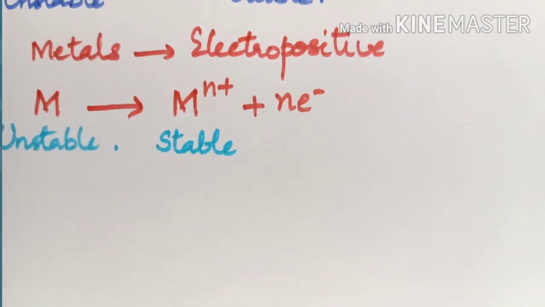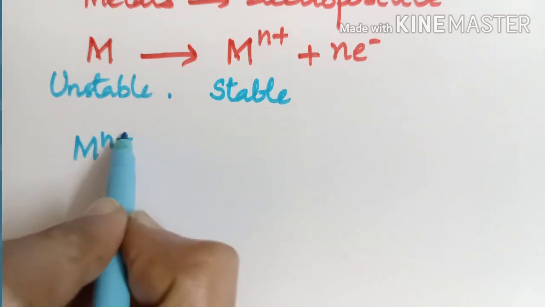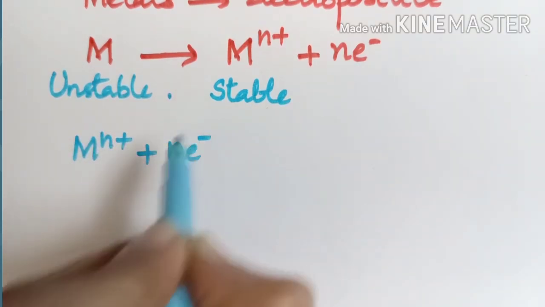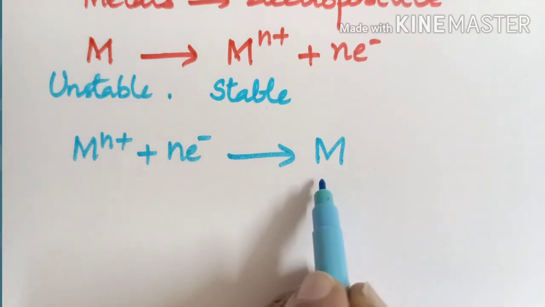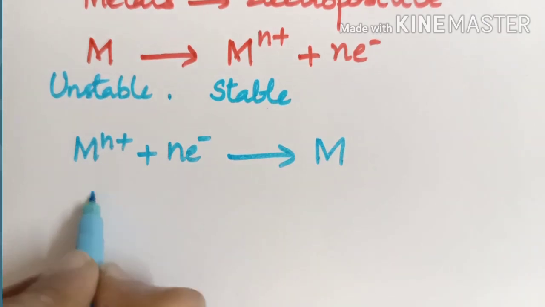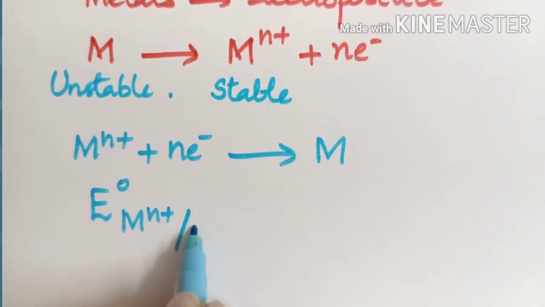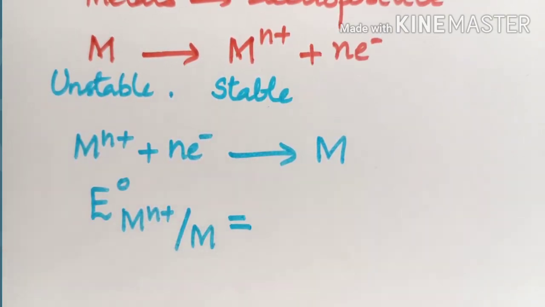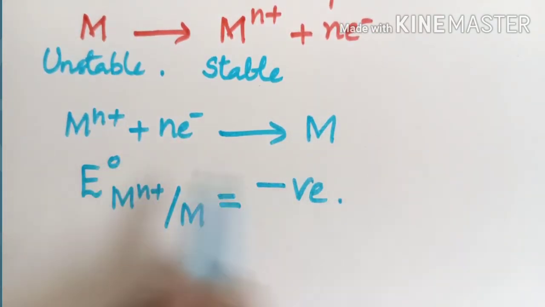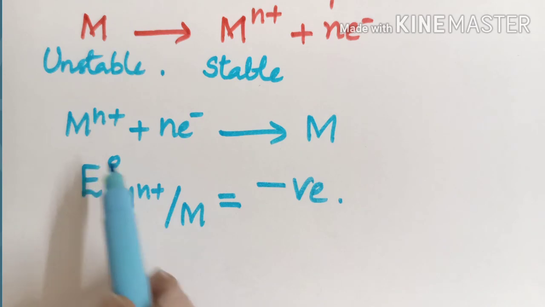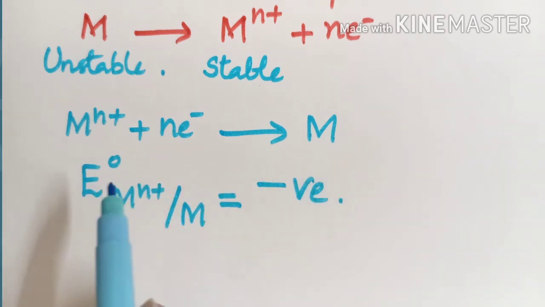So when we take the reaction Mn+ plus n electrons becoming M, the forward reaction is reduction. That means the E naught value of Mn+/M, for most of the metals, is found to be negative. The meaning is metal ions will never accept electrons to form the metals.